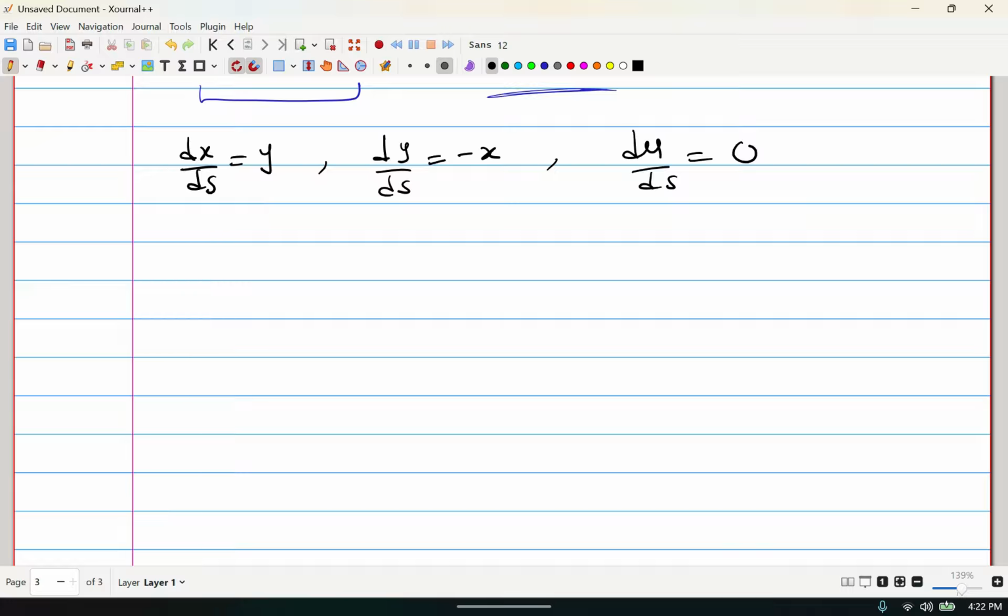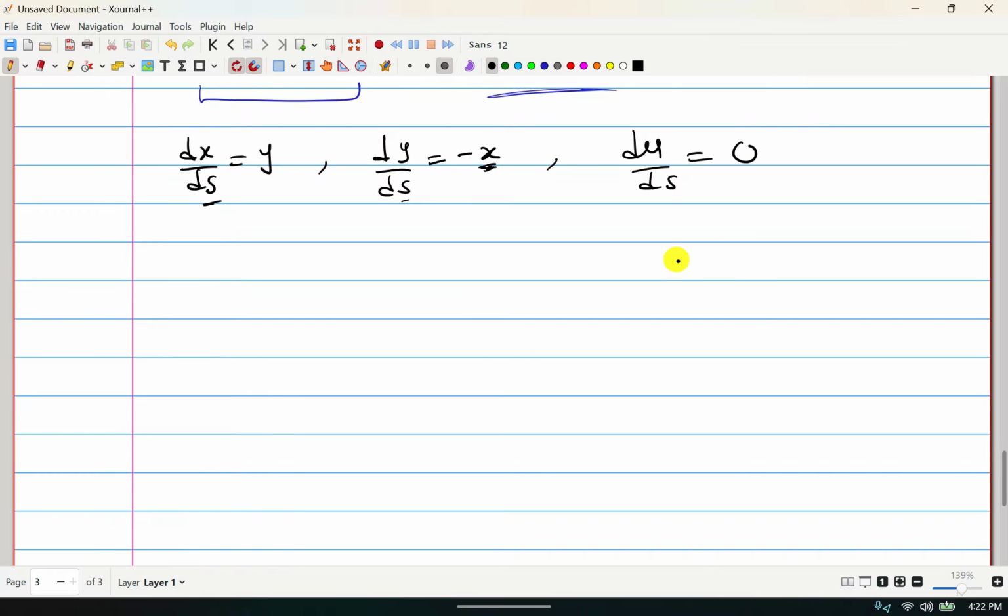Looking at the first two, we can just keep it like that, right? How do we solve it? Remember, y depends on s. So we cannot just go ahead and solve for this as c and treat y constant, because here y is a function of s. x also depends on s. So we cannot just solve it directly.